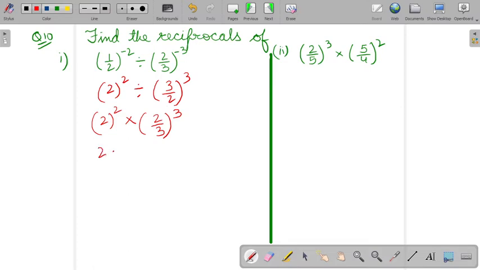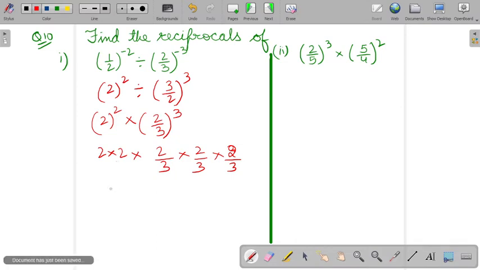Now you will solve it: 3 by 2 you multiply 3 times, and 2 by 3 you will multiply 3 times. And observe, are we able to cancel any term here? No, we can't. So what we will do? We will multiply upper terms together and lower terms together.